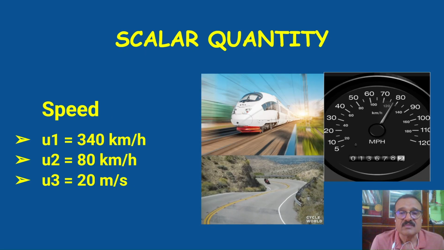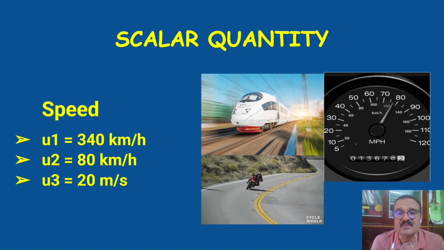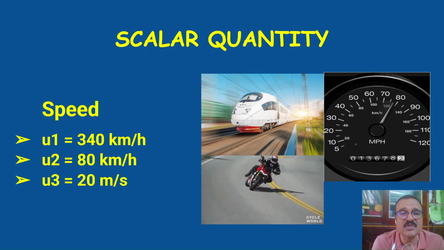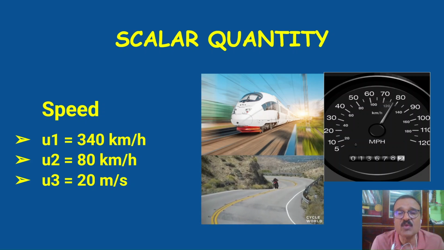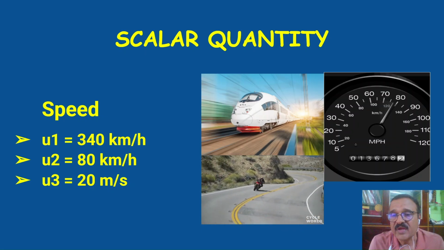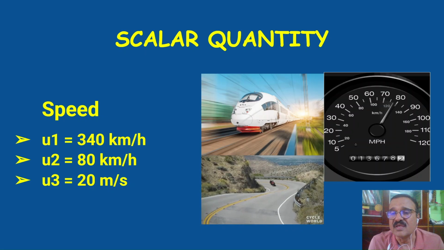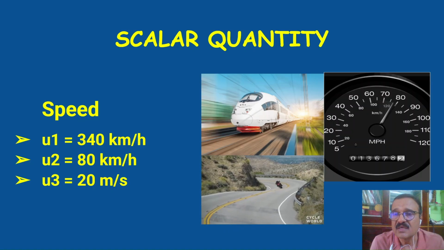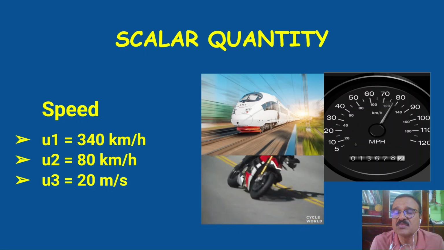Then the speed. We see the bullet train, which may run at the speed of 340 kilometer per hour. Whereas in the second image, we see the speedometer, which indicates the speed of a bike or speed of a car.